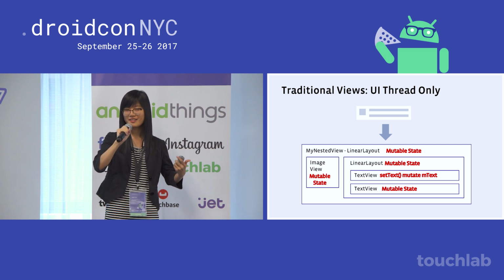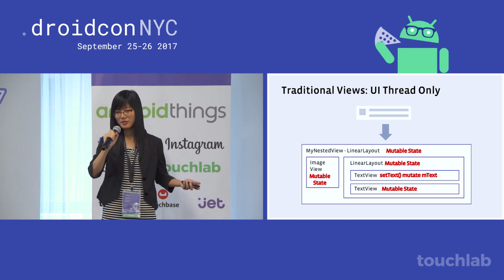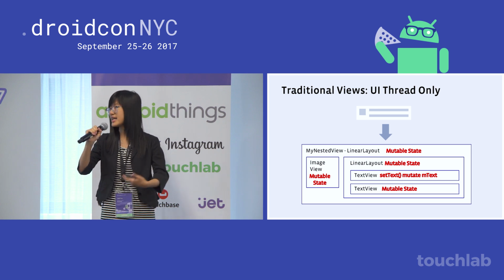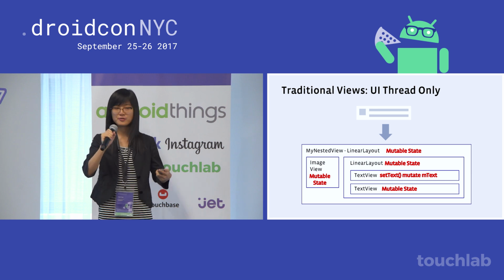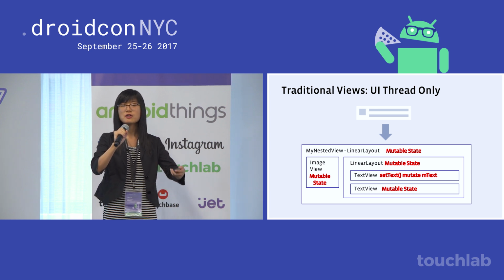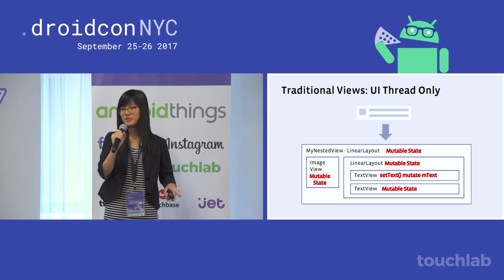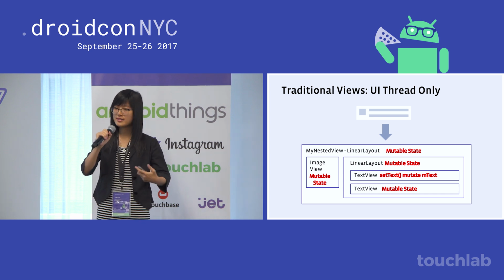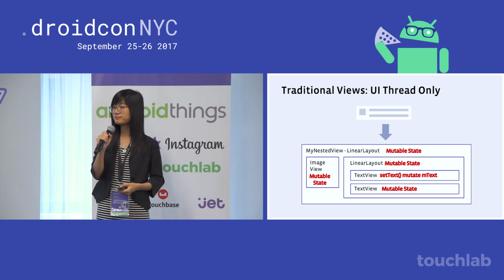So Android views are in general stateful and mutable. Not just TextView, linear layouts and image views all have their own mutable states. That's why, in general, views are, as mentioned before, only recommended to be accessed on the UI thread.